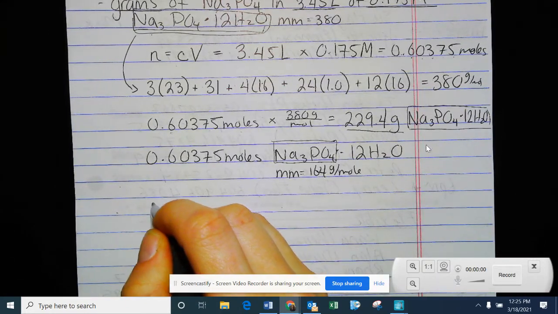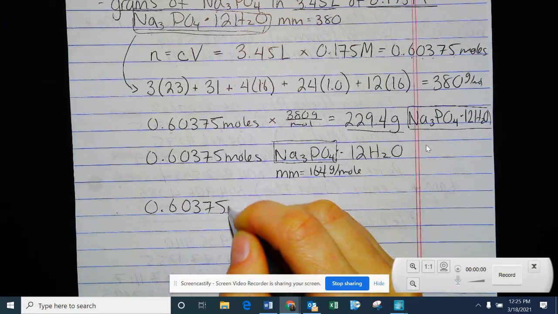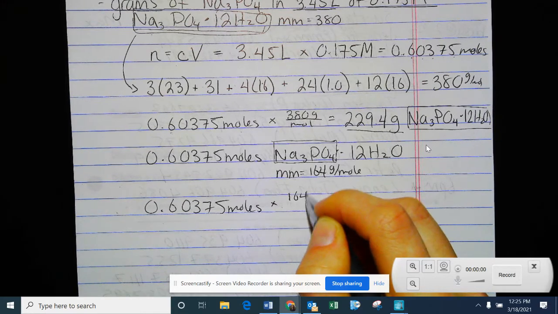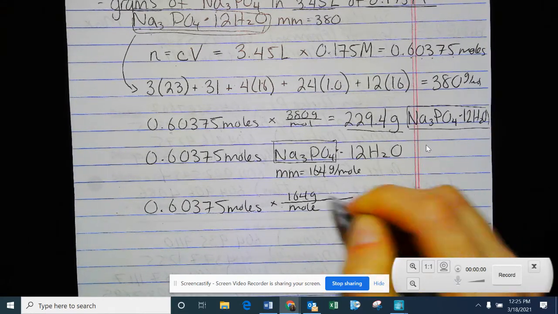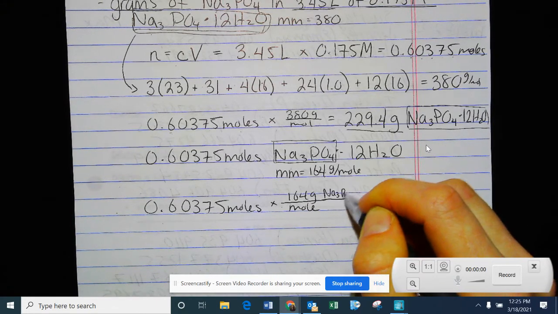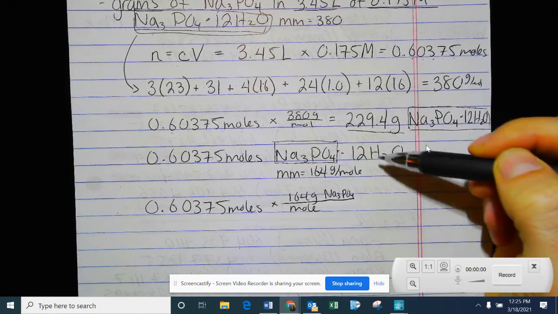So now we can just go 0.60375 moles times 164 grams in every mole. So there's 164 grams of sodium phosphate in every mole of sodium phosphate.